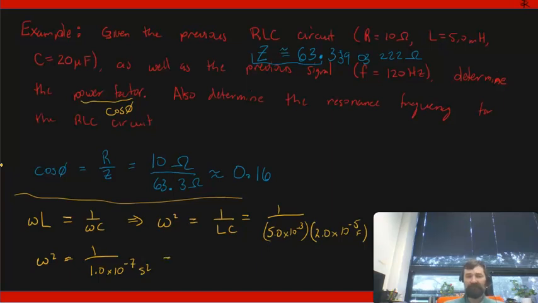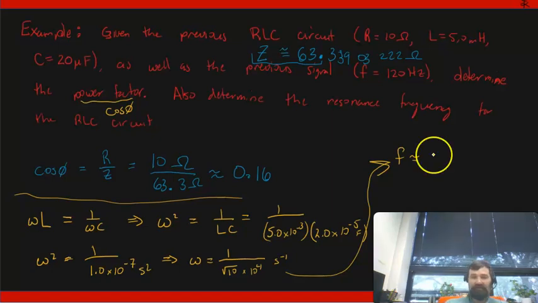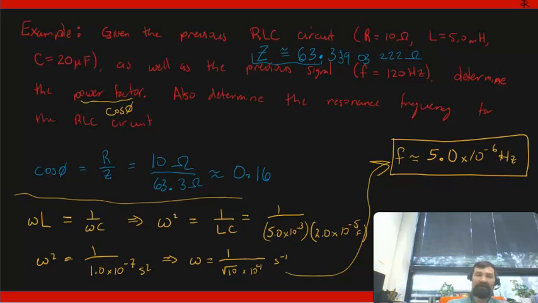And so that basically means that omega is 1 over the square root of 10 times 10 to the 4 inverse seconds. If I want the frequency f, then I have to divide that further by 2 pi. What I end up getting when I do that is about 5.032 times 10 to the negative 6 hertz. So that is the resonance frequency for my circuit.